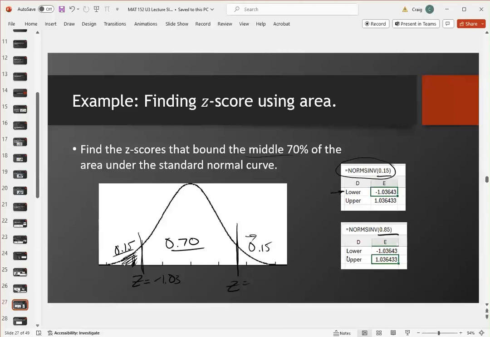We can plug that in here, and that'll give us the upper boundary. Also, if the areas are the same on both sides, then these Z values will always be the same on both sides. And so you only really need one, and then it's just plus or minus.